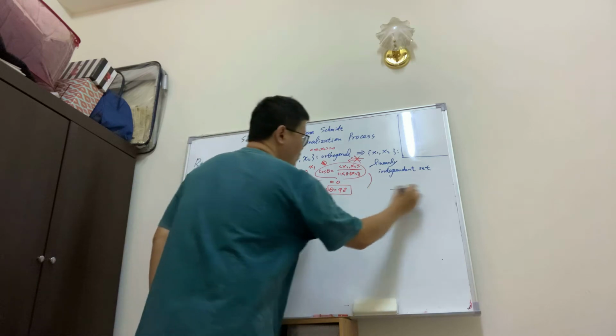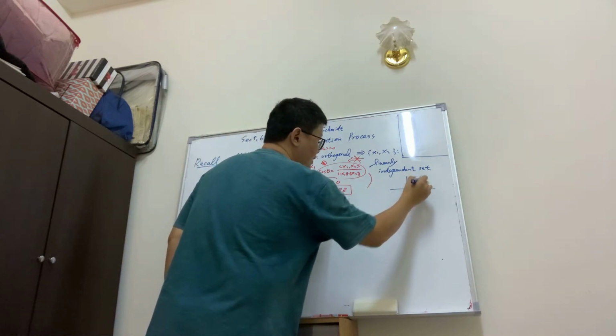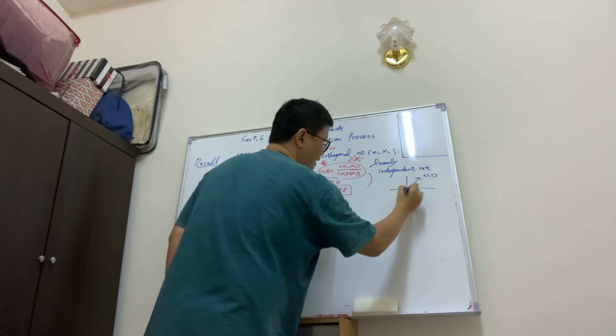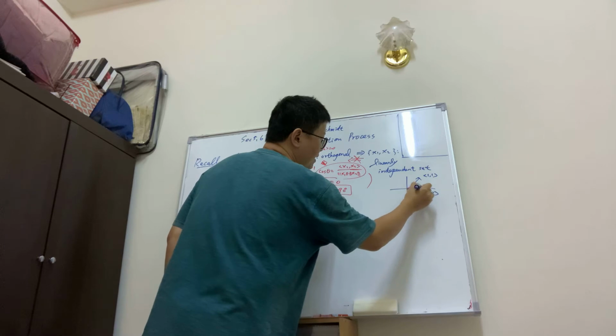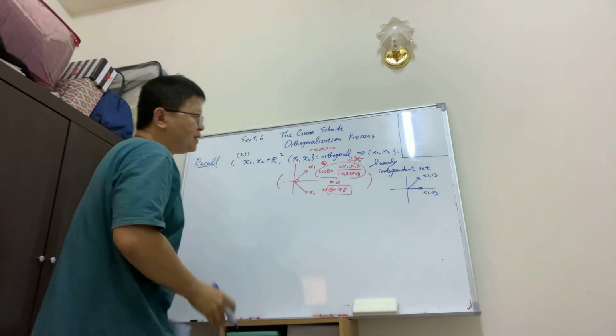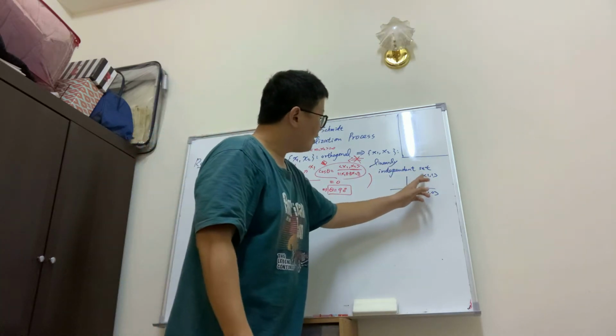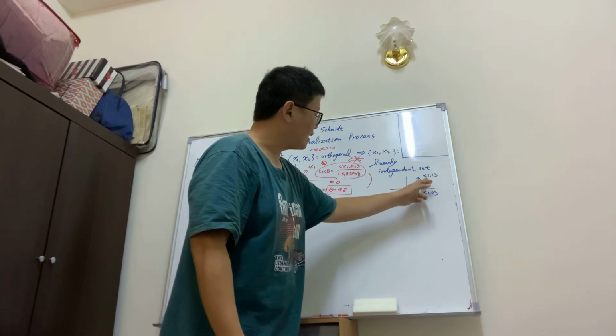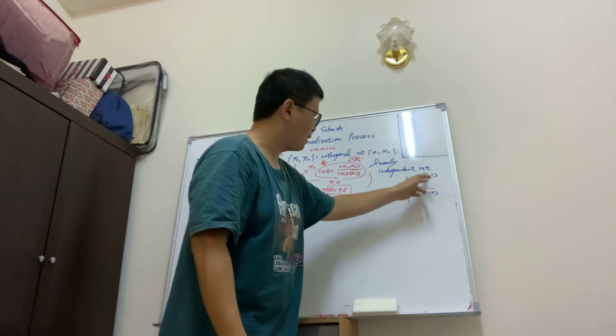But we could consider two vectors, for example (1, 1) as our first vector, and the second vector is (1, 0). These two vectors are linearly independent, which means that one is not a multiple of the other. This vector is not a multiple of that one, and that one is not a multiple of this one.